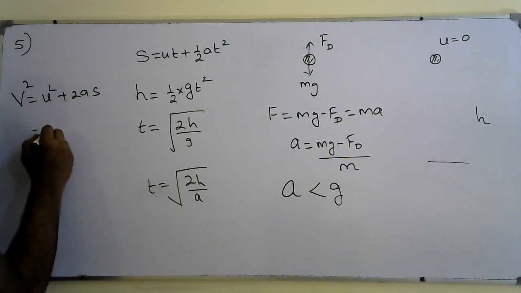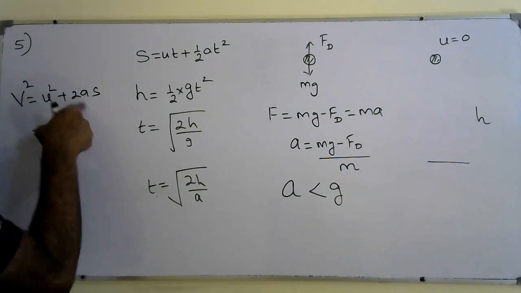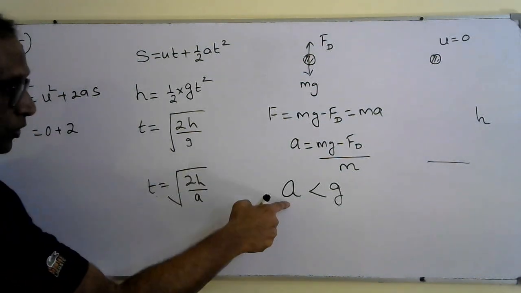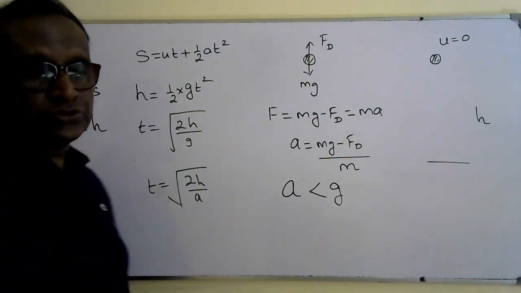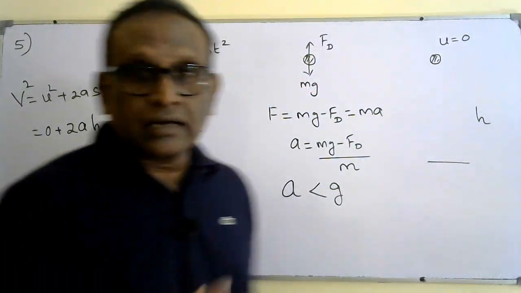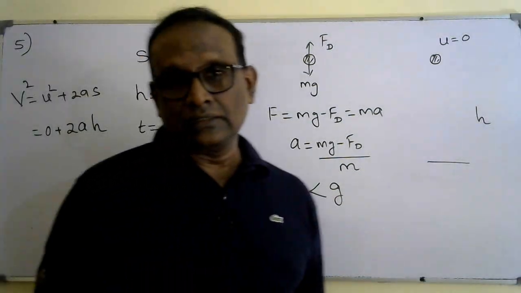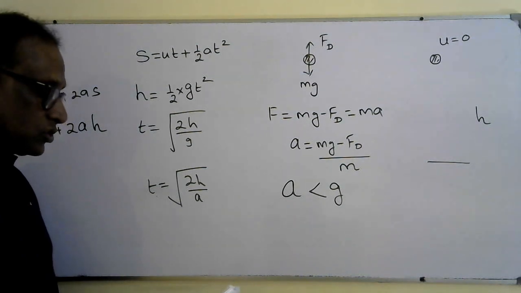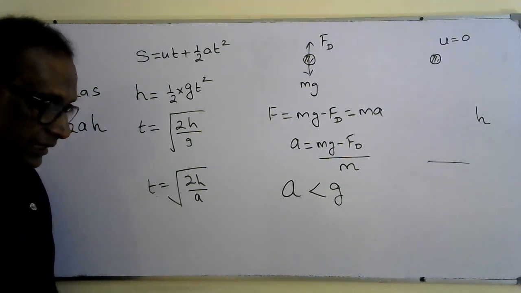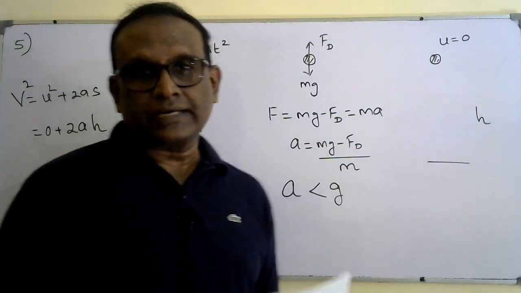So u is 0, 2 times a, h. He would have used a as g, but here a is lower than g. So the actual final speed will be lower than what he obtained. Actual time will be greater than what he obtained, and the speed will be less than calculated. Answer C. Correct answer C.